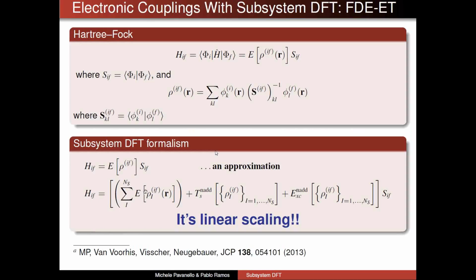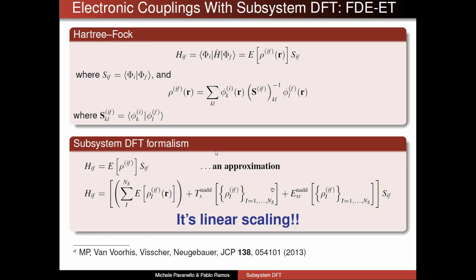Okay, so then if you use subsystem DFT, you gotta make this expression subsystem DFT kosher, and here you get, instead of the total energy evaluated on the transition density, we write it as a sum of subsystem energies evaluated with the subsystem transition densities, including this non-additive component. This is, in principle, linear scaling in the number of subsystems. However, it is as linear scaling as your method to calculate the Coulomb interaction.